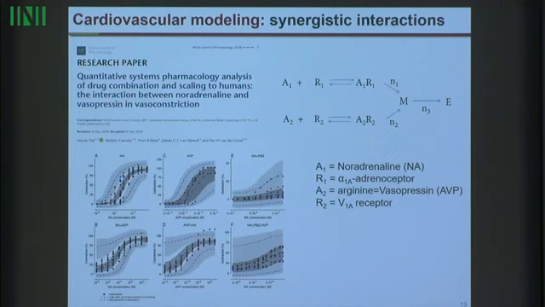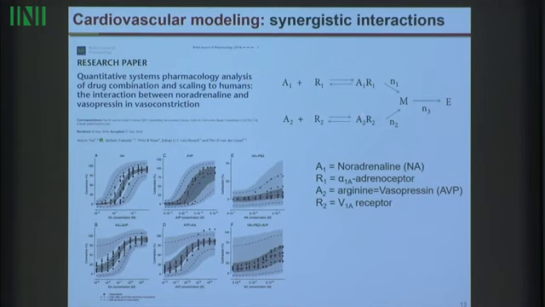In this case, not necessarily drugs, but two key players in cardiovascular regulation: noradrenaline, which acts at the adrenergic system, and vasopressin, which is one of the key hormones involved in homeostasis. So we can now build models along the lines of this, where we have ligand 1, which is noradrenaline in this case, binding to its receptor, forming a complex. Same for the other player, binding to a different receptor, forming its complex.